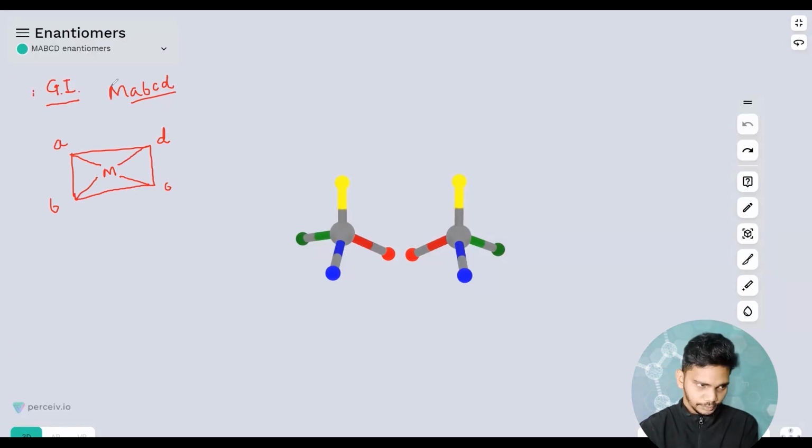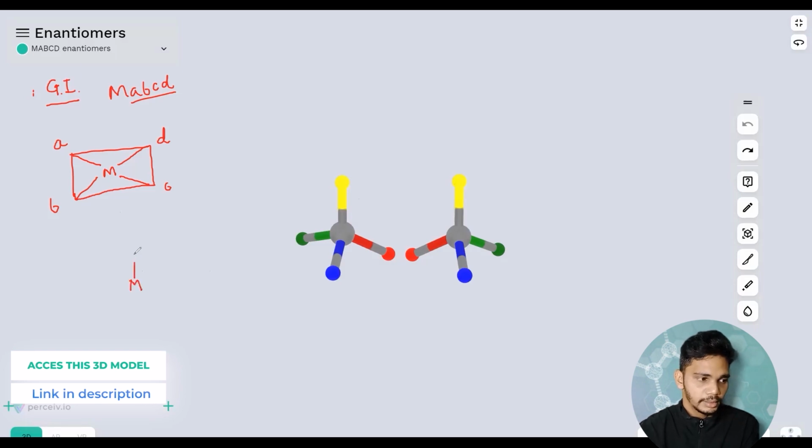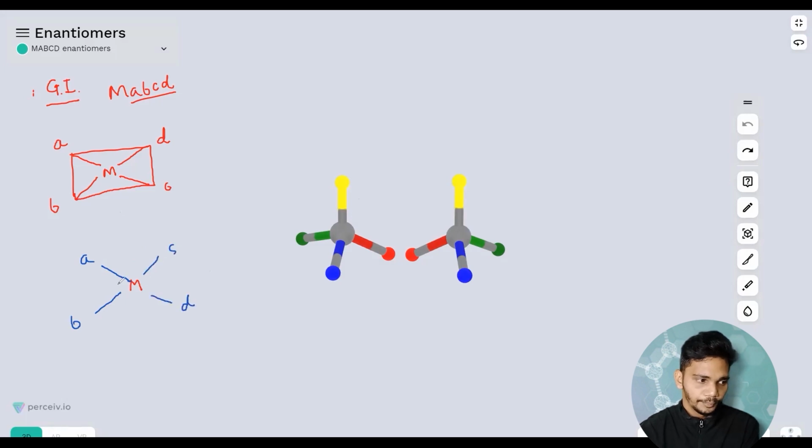So in this case, M, A, B, C, D, let's draw that. Suppose this is M. I'm going to show you by the linear arrangement, then I will show you on the structure. So this is metal at the center that we have to draw. Obviously, metal has to be in center. This is A, this is B, this is C, this is D, right? This is the first structure.